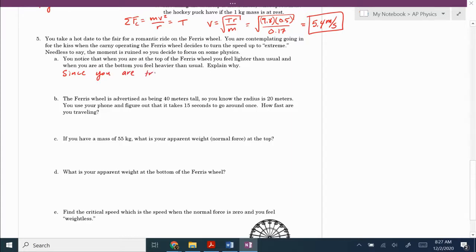Since you are traveling in a circle, you need a net force towards the center.